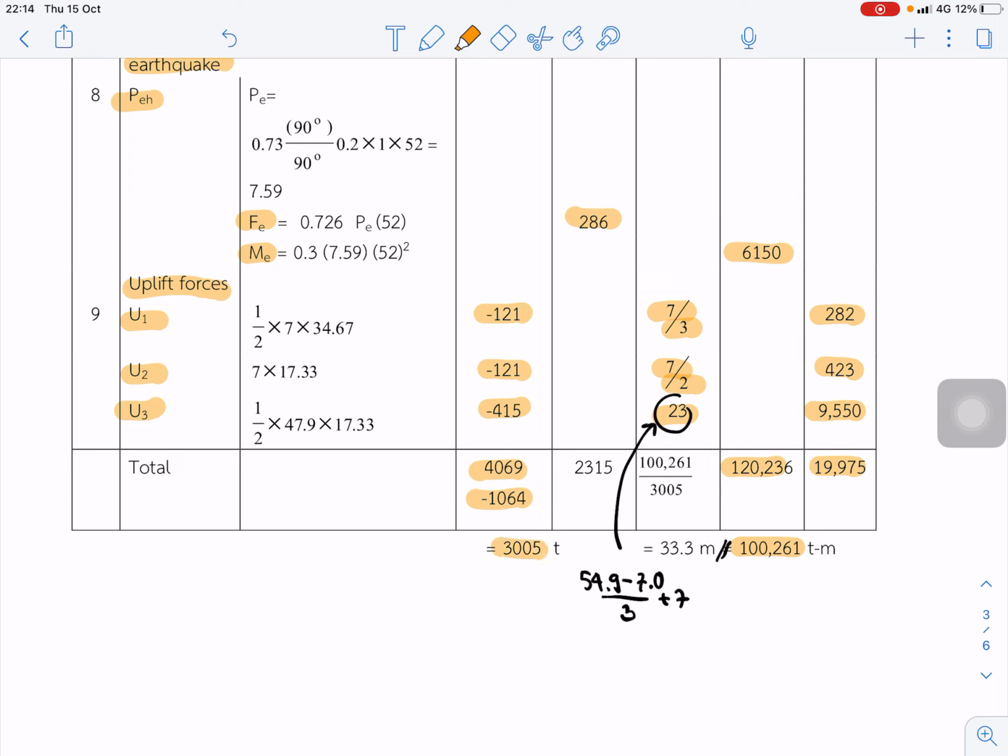So this is the summation of force. So we got the summation of the moment divided by the vertical force. And from that, the eccentricity, the location of the resultant force, is 33.3, and we can check it against the safety criteria in the next section.